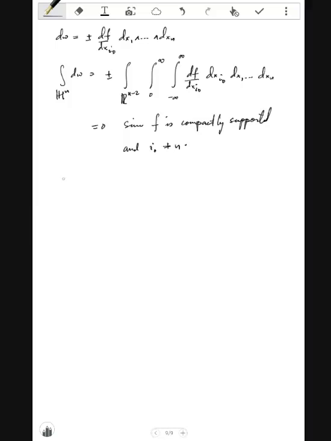So next let's consider case B, where I is equal to 1, 2 up to n minus 1.